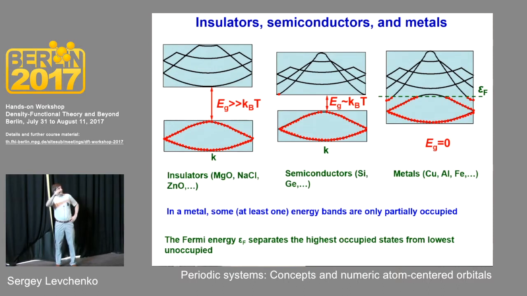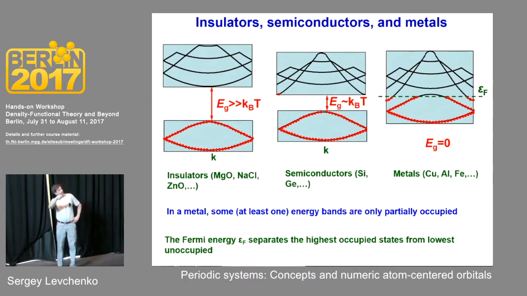And in such a situation, at realistic conditions, if we have some finite temperature, the electrons can be thermally excited from the occupied states to the unoccupied ones. So this is the property of a semiconductor.